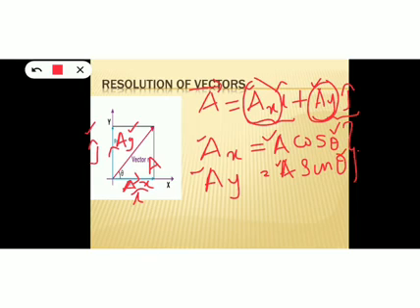And if ax and ay are given, A can also be obtained. The reverse process is also possible. So if A is given, ax and ay can be obtained. Similarly, if ax and ay are given, you can also obtain the value for A.